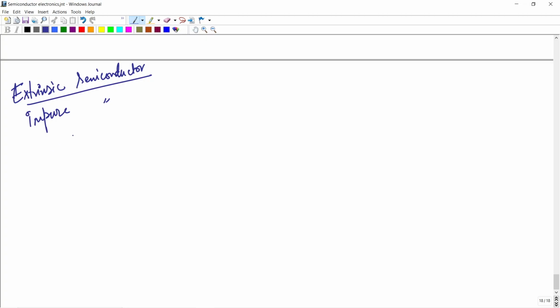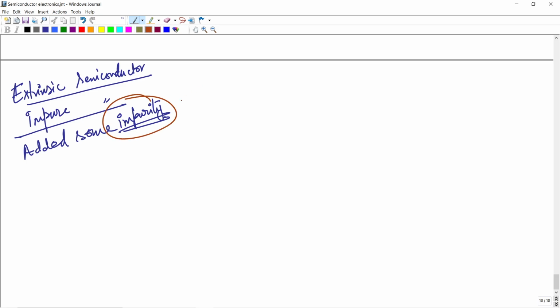The main purpose is that we add some impurity, and this impurity creates extra electrons and extra holes. This process is called doping. There are two types of extrinsic semiconductor.